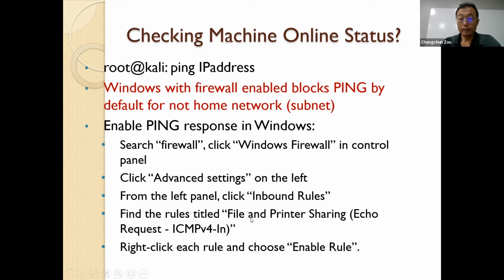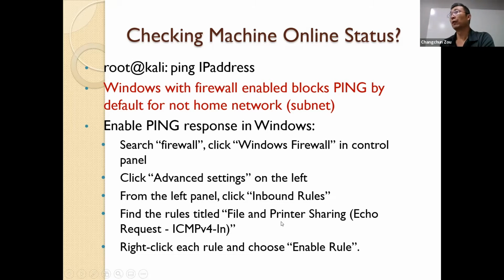Also, why is it called file and printer sharing? Because the ping message is extensively used by network printers. If you set up a network printer in your home, and you set up your computer to share your printer to the neighborhood computers, then your computer will open this inbound rule.